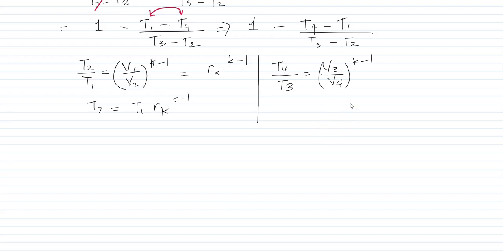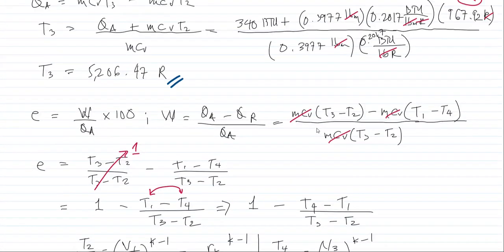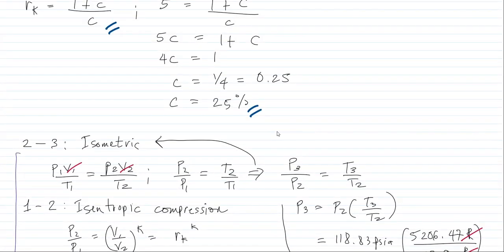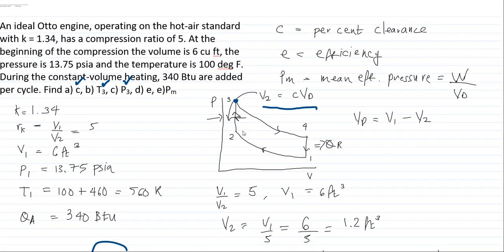But what is the equivalent of V3 and V4? V3 is equal to V2 and V4 is equal to your V1.